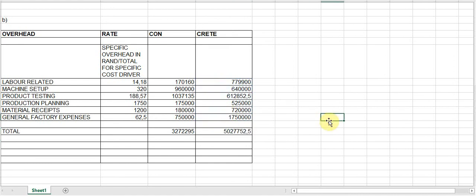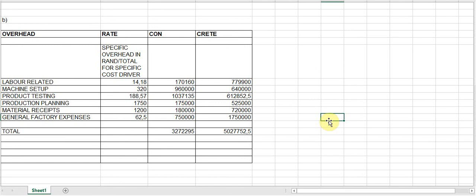So I can see that in the instance of Con, we are going to allocate 3,272,295 Rand overheads to it. And if I look at Crete, it is 5,027,752 and 50 cents.